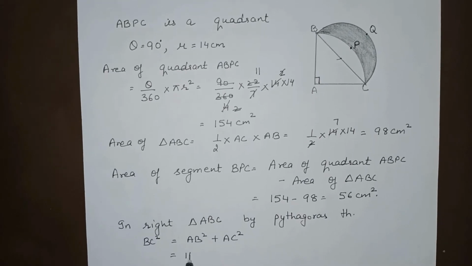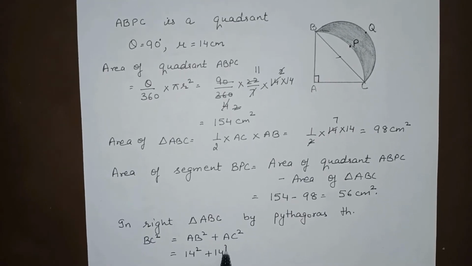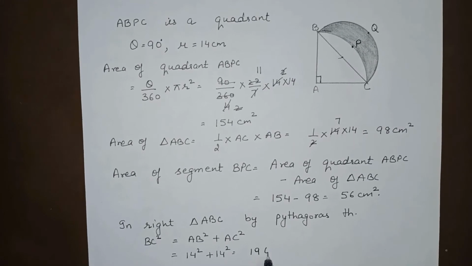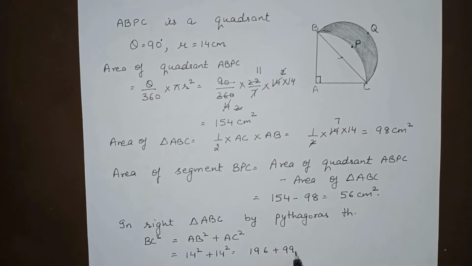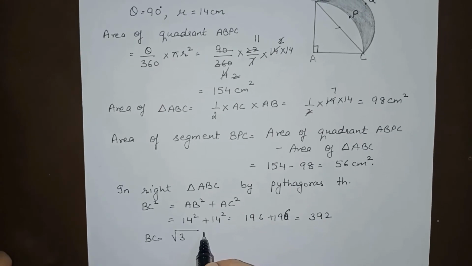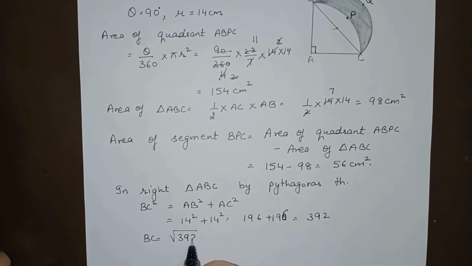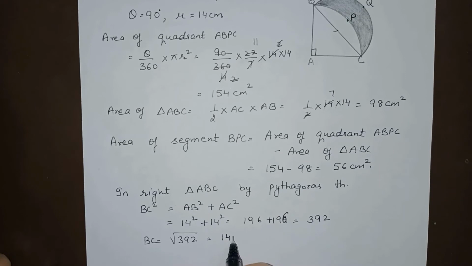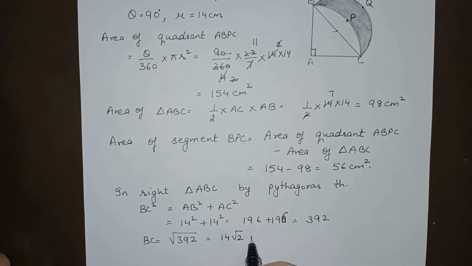So this is 14 square plus 14 square, 196 plus 196. BC will be square root of 392. It will be 14 square root of 2 centimeter.